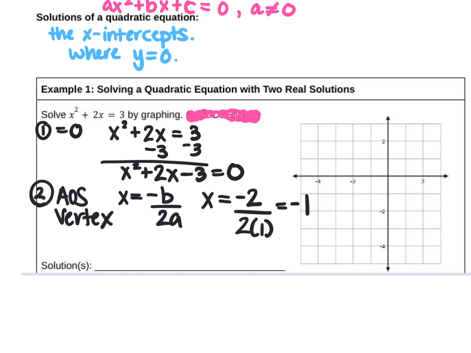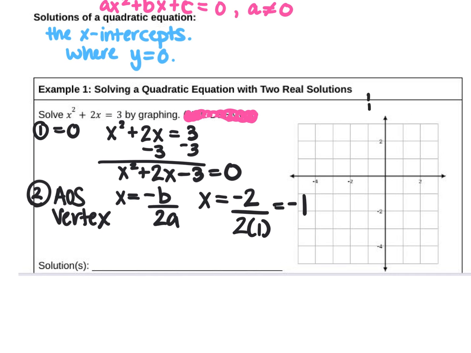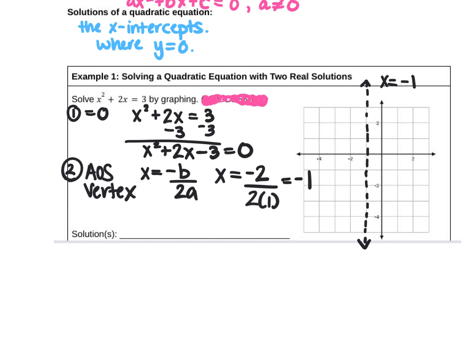So that's our axis of symmetry. And this is all stuff from chapter 3 that we did. It just helps us understand where our graph goes, where our graph cuts in half. Then once we get your x value, remember you plug it in to get your y value of the vertex.